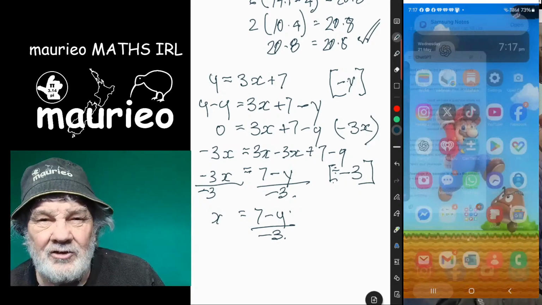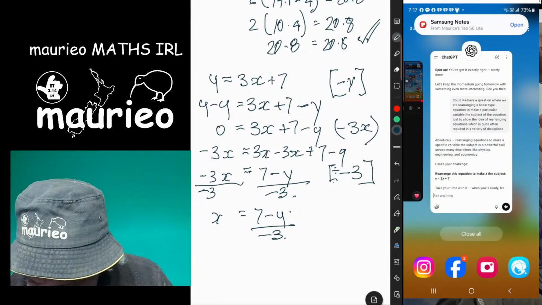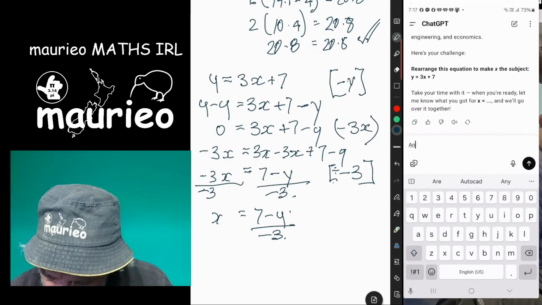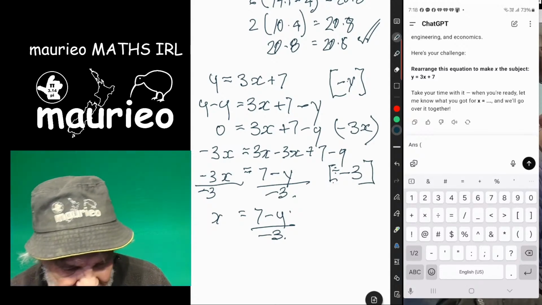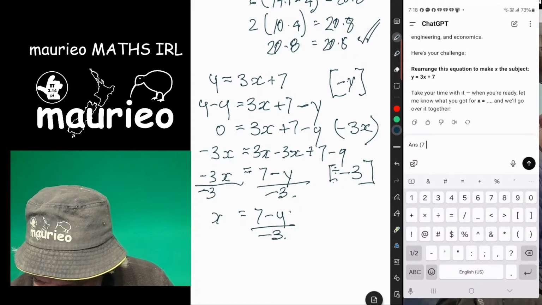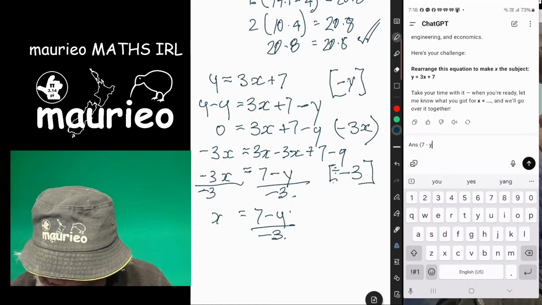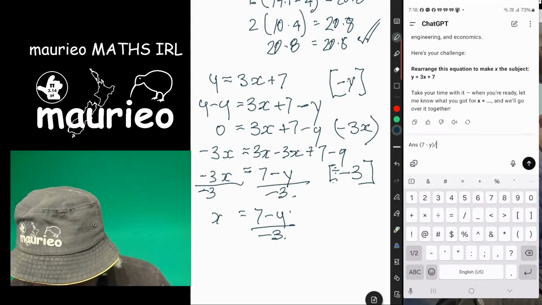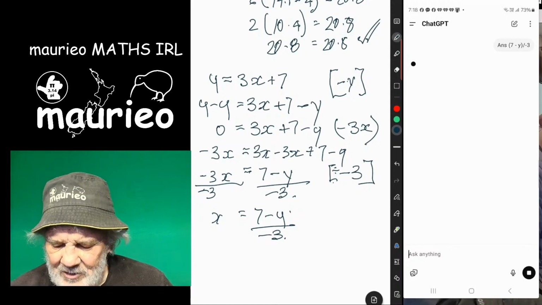So here's our answer: in brackets, 7 minus y, close the bracket, and we'll divide that by negative 3. Okay, let's see what we've got.